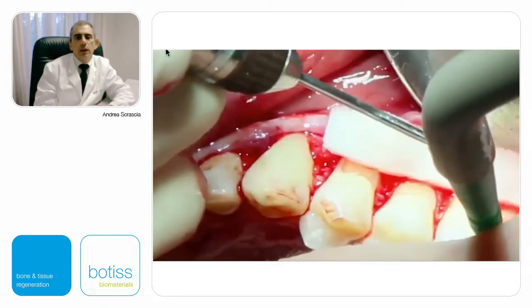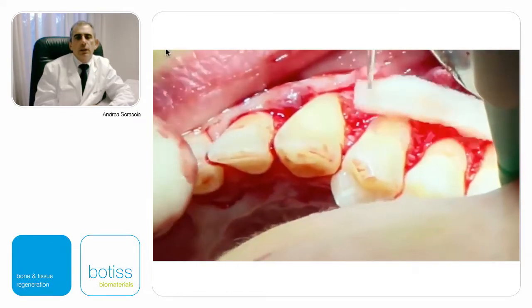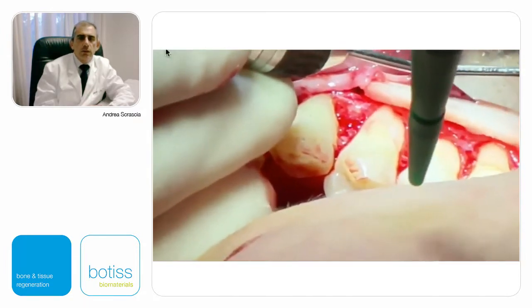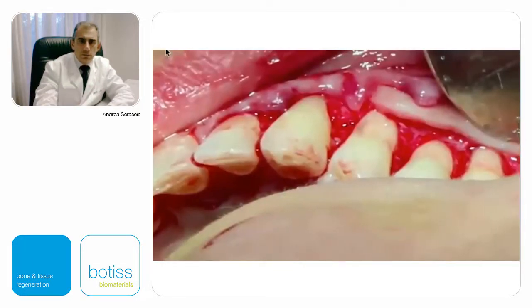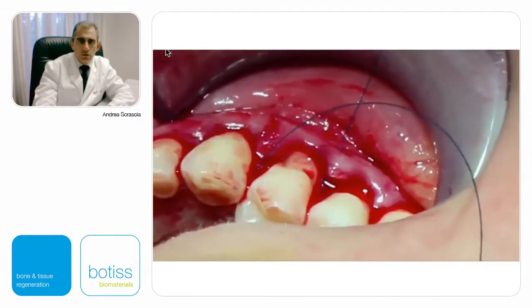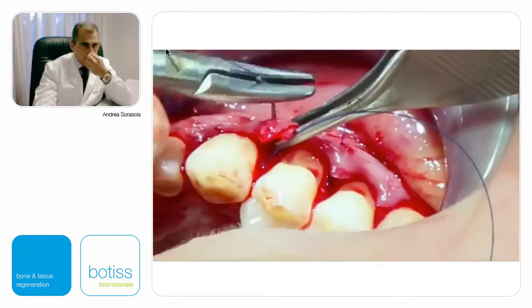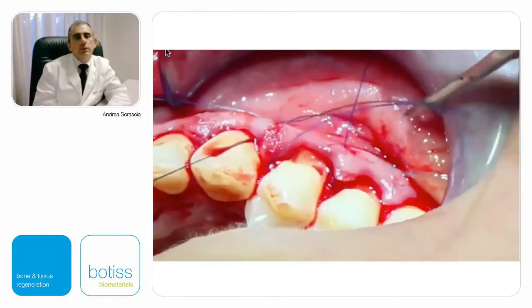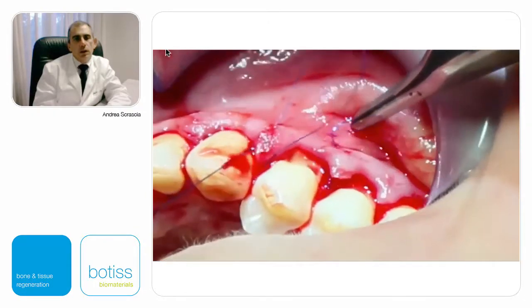At this point, I use an envelope technique, stabilize the membrane, and then I start the stitches. Important to use the stitches very well.